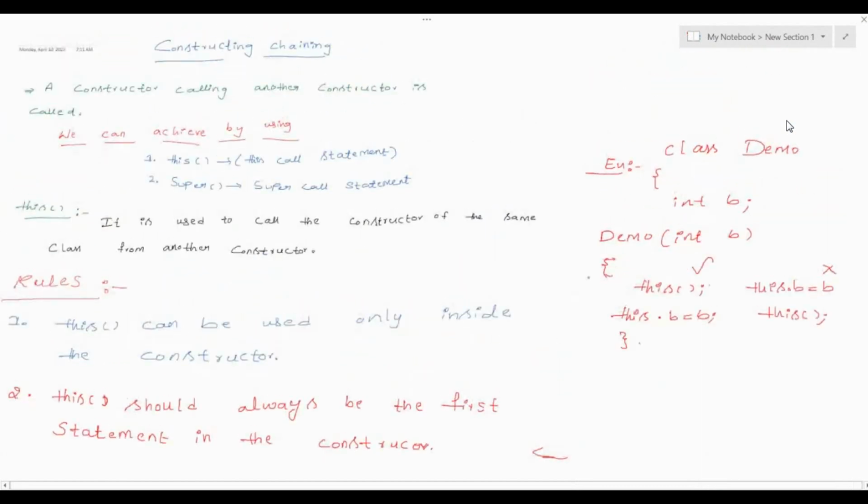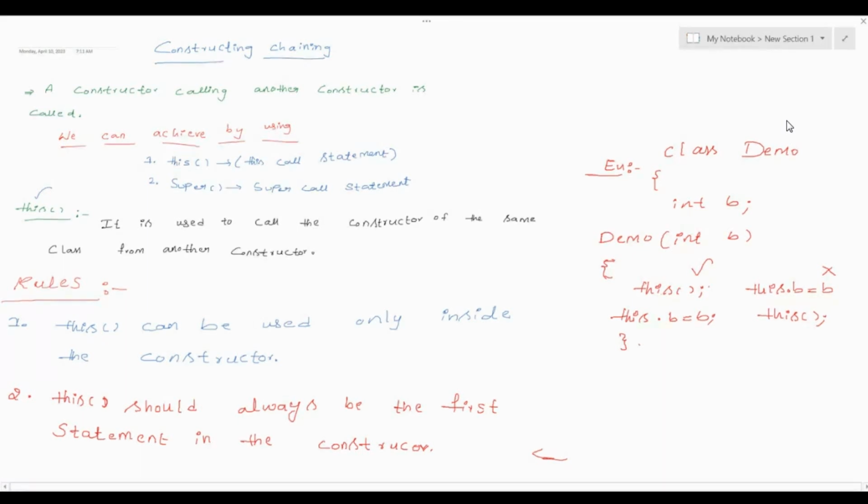Just this with brackets, like a method. Yes, that's it. Why do we use it? To call one constructor inside another constructor within the same class. Without arguments, we are passing the first this statement, and then we are initializing with this.a equals a, this.b equals b, like that, with local variables.